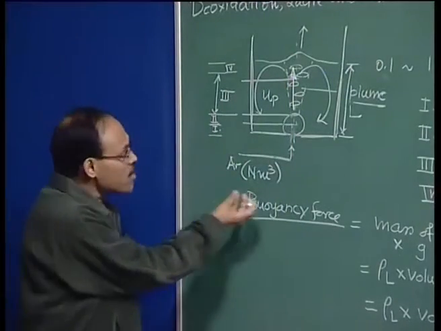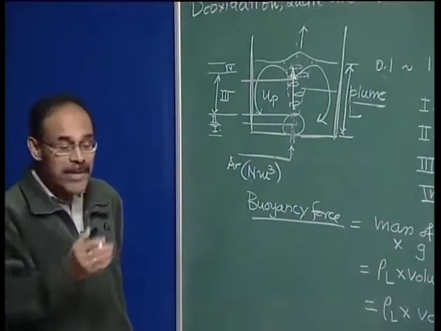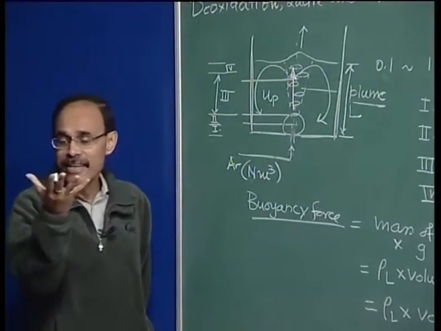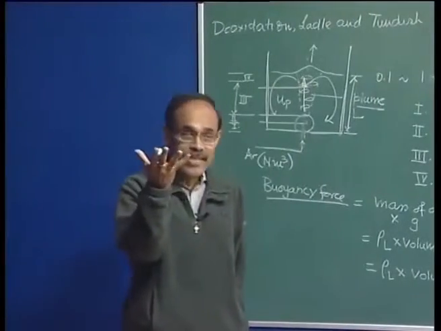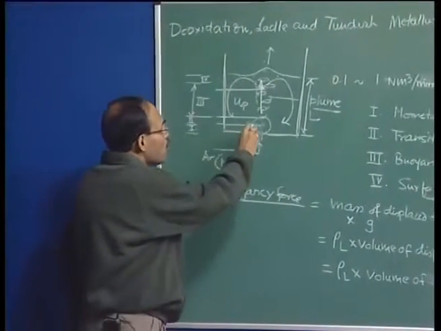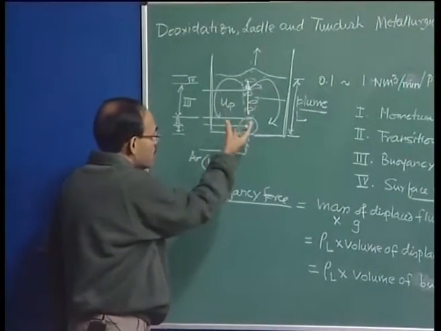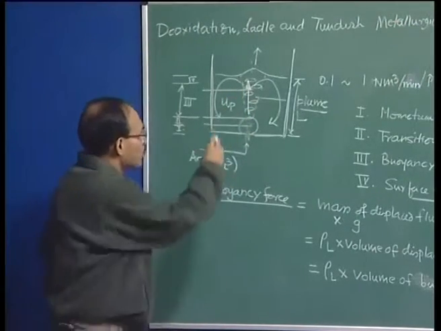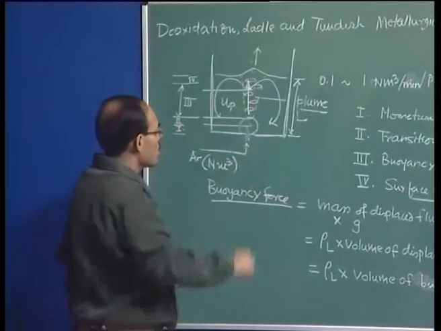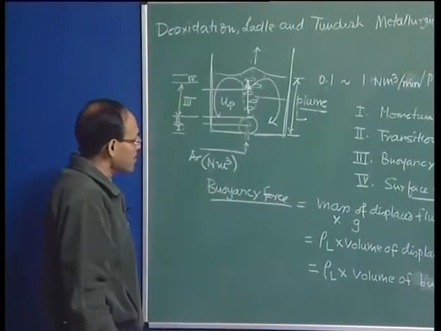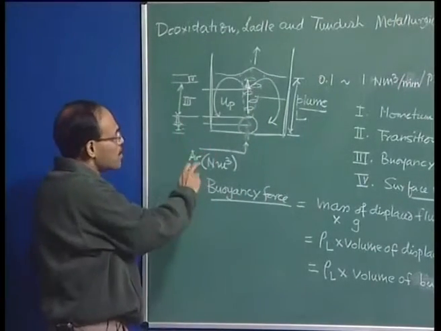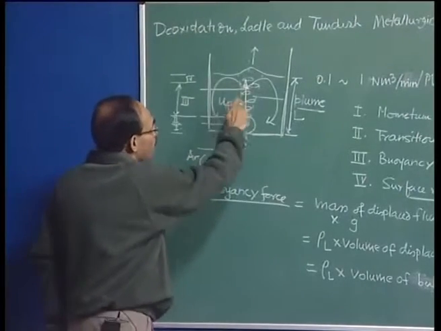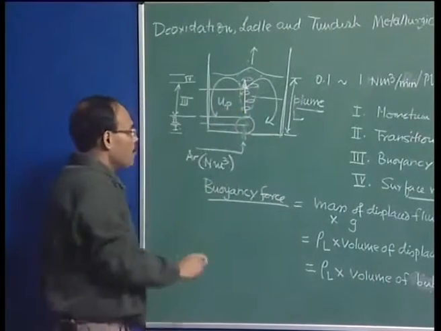So as the bubble rises, because of the temperature increase the bubble's volume is going to increase, and because of the decrease in pressure, the bubble's volume is also going to increase. So these pressure and temperature effects are going to govern the net volume of the bubble.